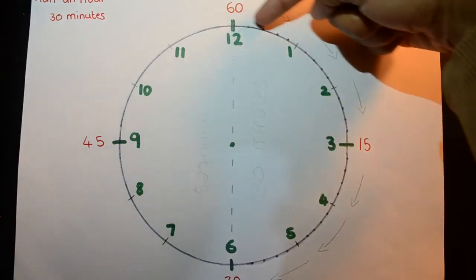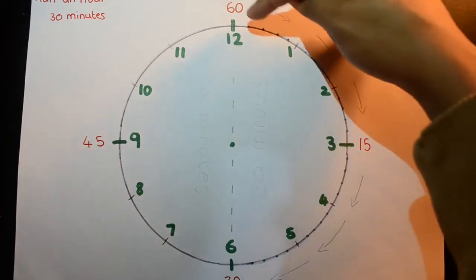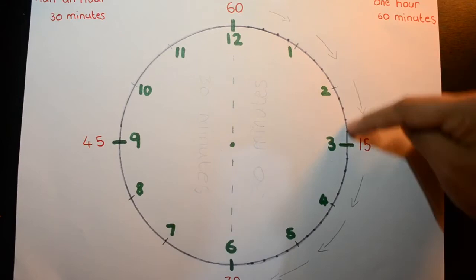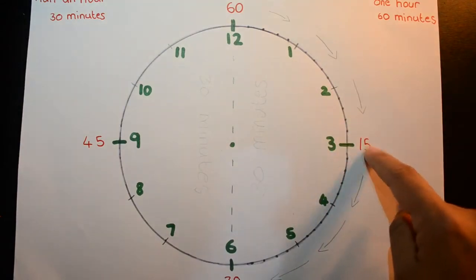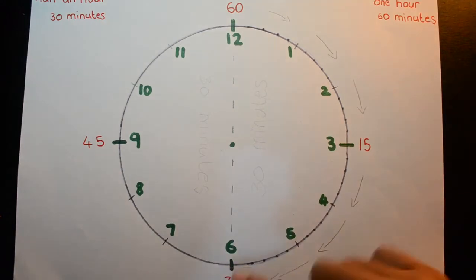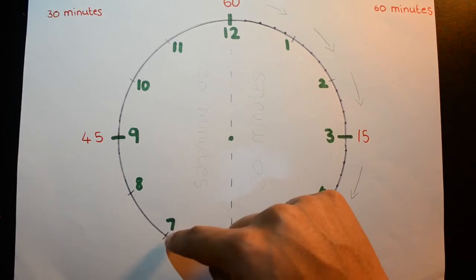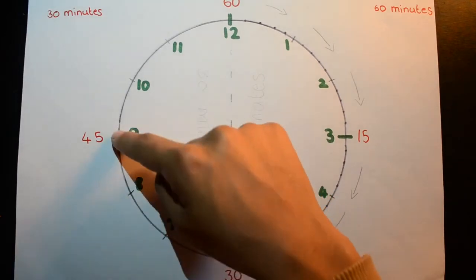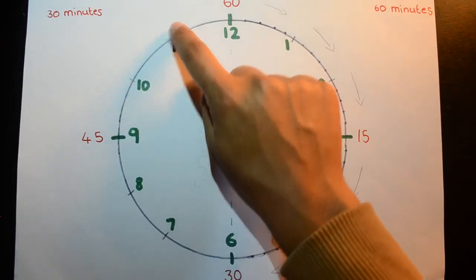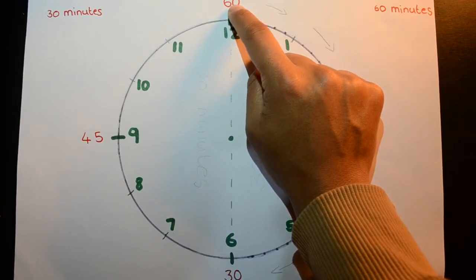So if I count from 12 to 1, that's 5, and I'm counting in 5s now, right? 5, 10, 15, that's why I wrote 15 there, 20, 25, 30, that's why I wrote 30 there. Okay, 35, 40, 45, that's why I wrote 45, 50, 55, 60, which is 60 minutes, 1 hour.